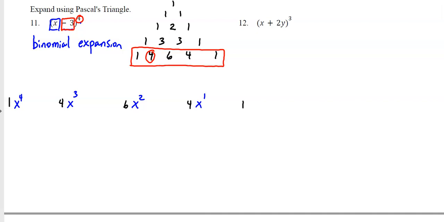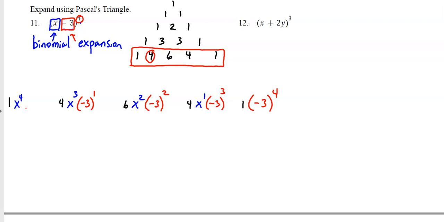So I'm going to have negative 3 to the 0, which is not going to be anything. Then I'm going to have negative 3 to the first, negative 3 to the second, negative 3 to the third, and then finally, negative 3 to the fourth. Finally, I get all of them. So basically, your first term starts at 4 and counts backwards to nothing. And then your second term starts at nothing and builds its way up to 4.